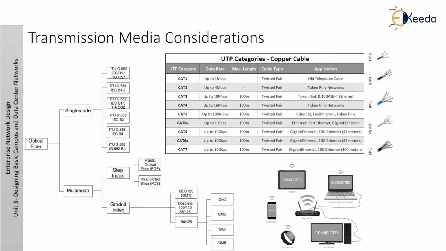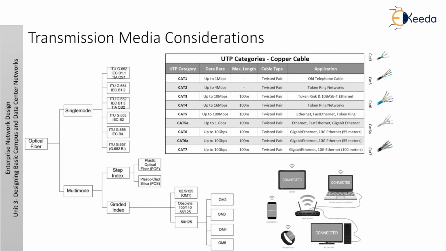Twisted pair copper cables, optical cables or optical fiber cables, and wireless like satellite, microwave, and IEEE 802.11 LAN are the most common physical transmission media used in modern networks.